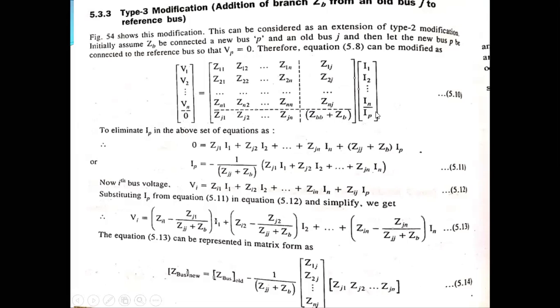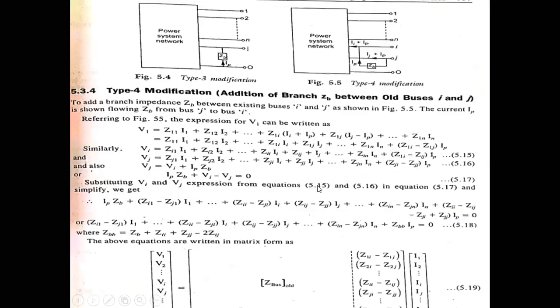This is the type 3 modification, the addition of an element from a new bus to the reference bus.